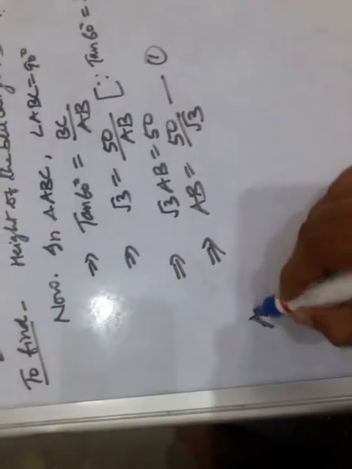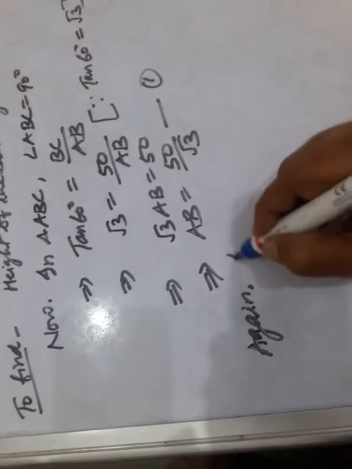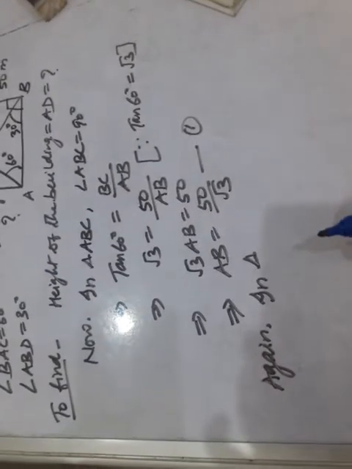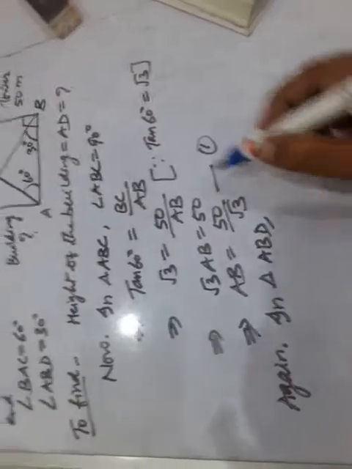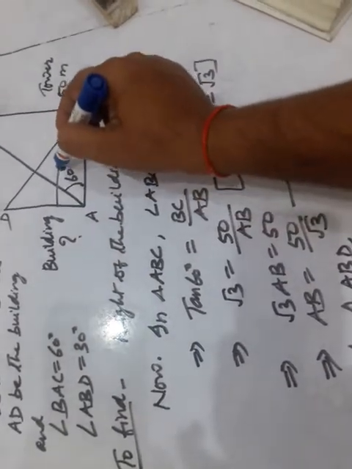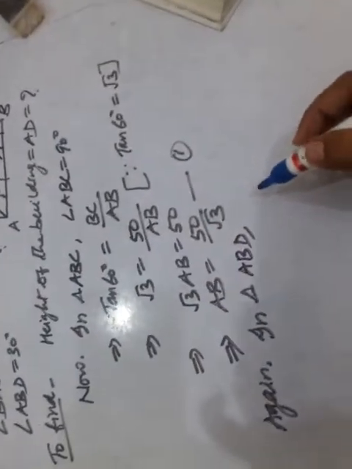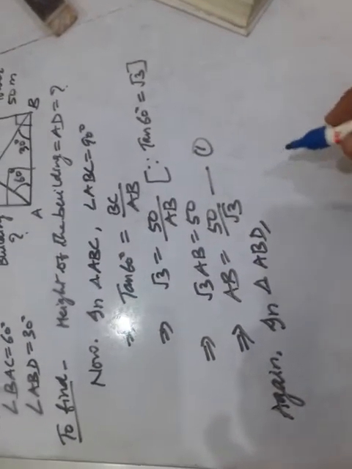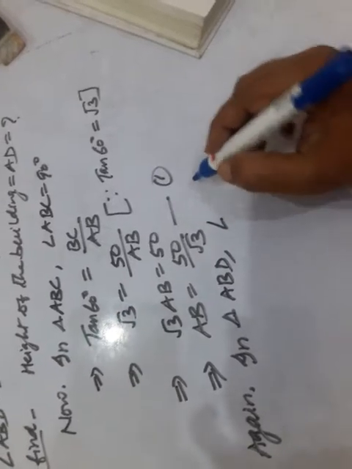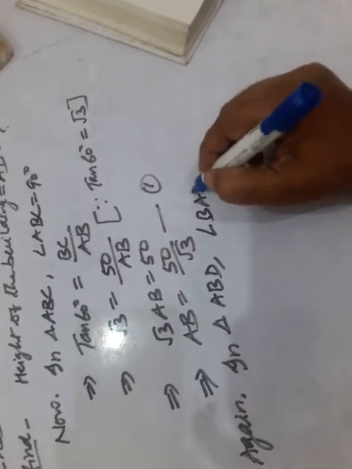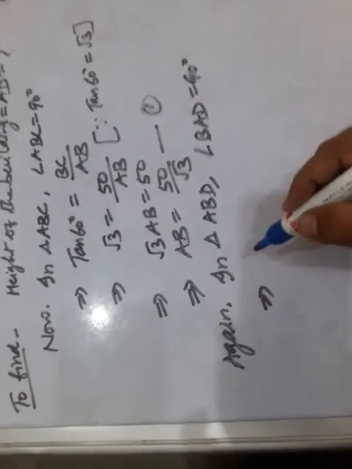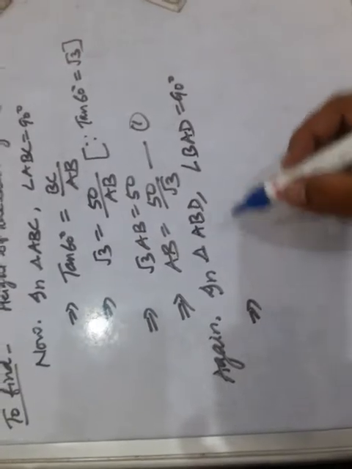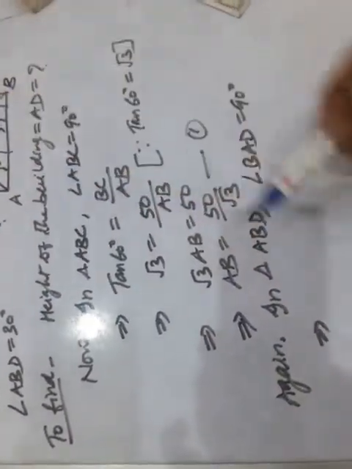Again in triangle ABD. Clear? Here this is again 90 degrees, a right angle triangle. Triangle BAD, angle BAD equal to 90 degrees. This implies that tan 30 degrees, this is an acute angle in triangle ABD.